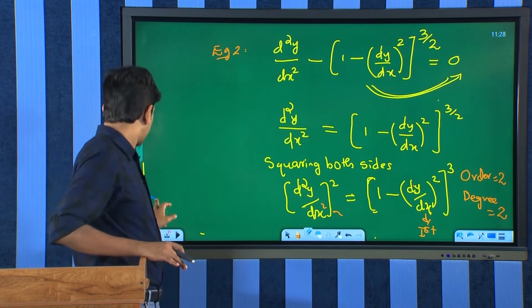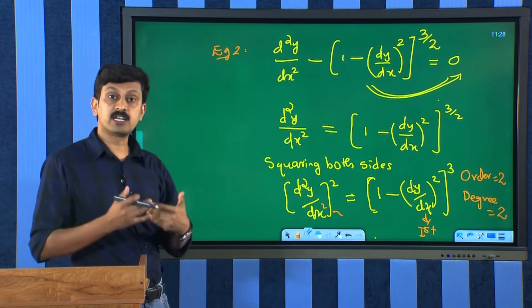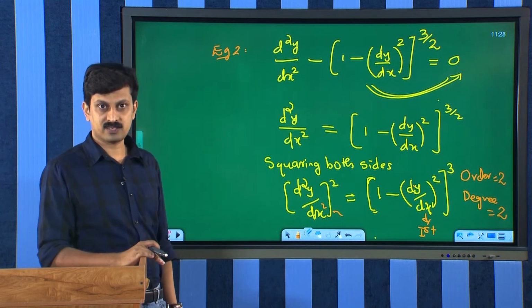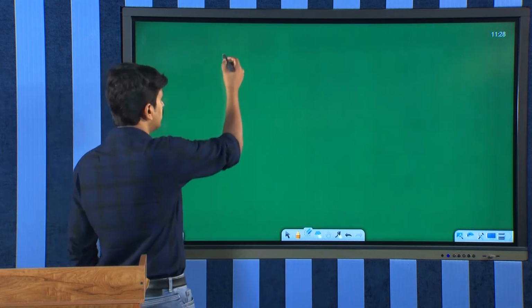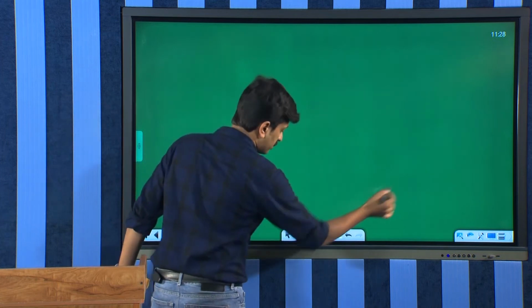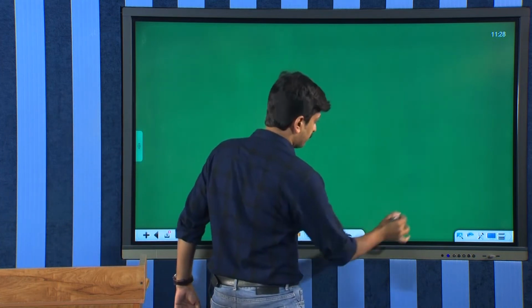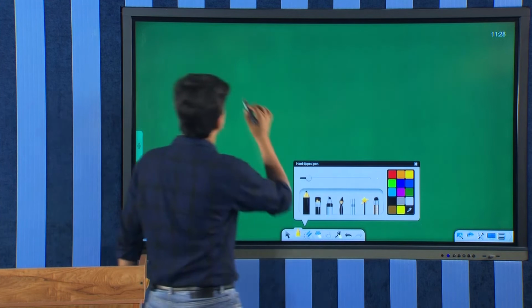As we discussed before, a partial derivative may exist there. Moving to the next example, example 3.